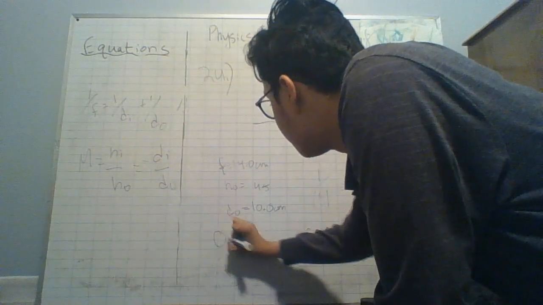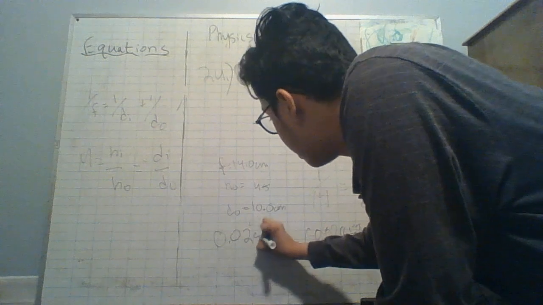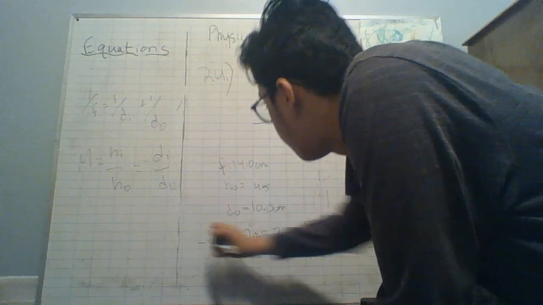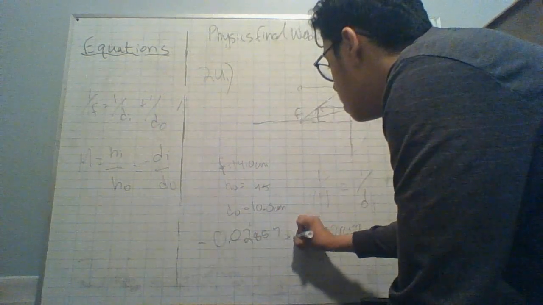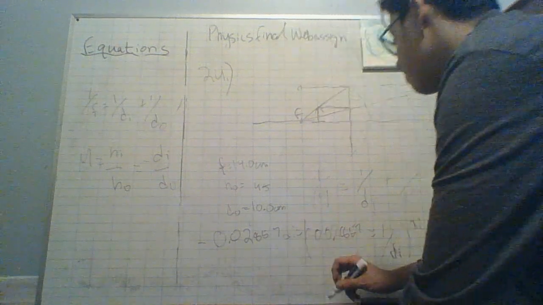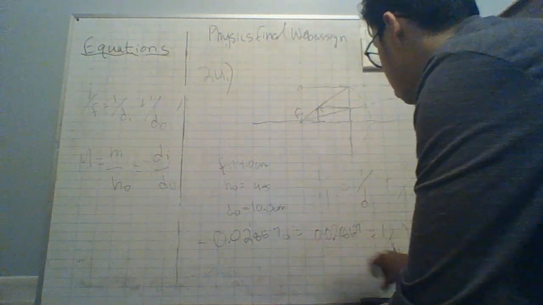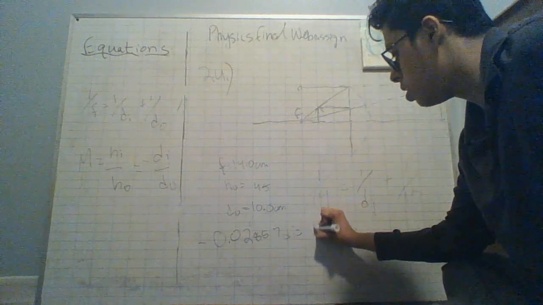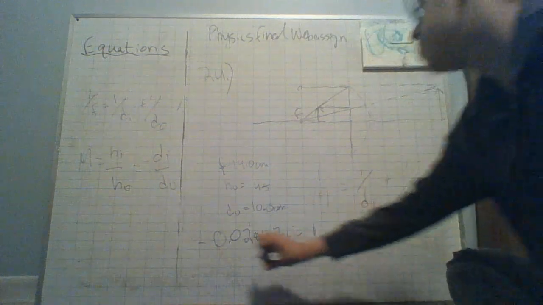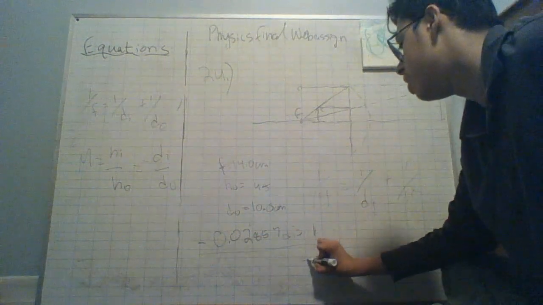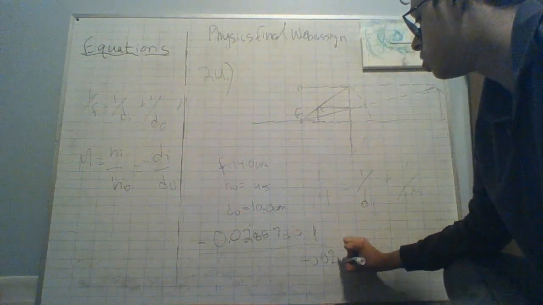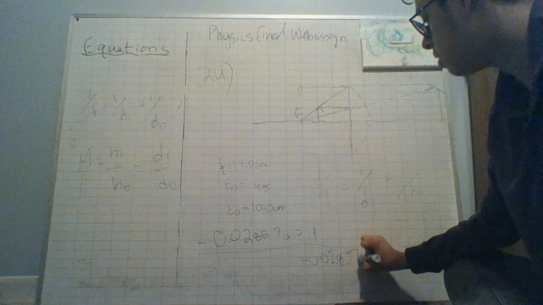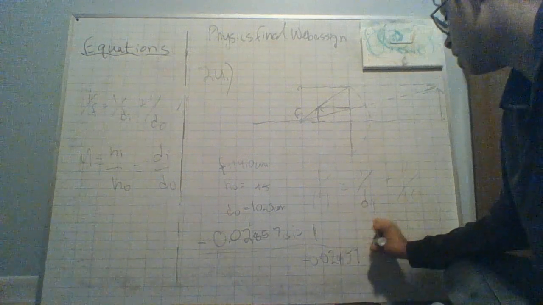So we have 0.02857. And don't forget that this is negative. Di is equal to 1. Oops. Let me erase. Is equal to 1. So now we have to divide 1 by negative 0.02857 to get di.